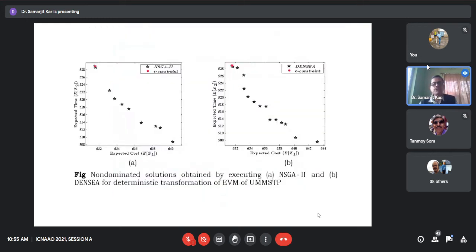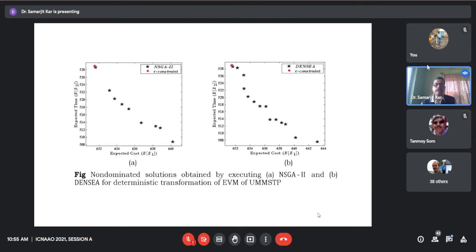And if we plot those solutions in this graphical representation, here you can easily determine, because both are minimization objectives, that means cost minimization as well as time minimization. So the front looks like this, and the solution for epsilon constraint is given here by this red mark.